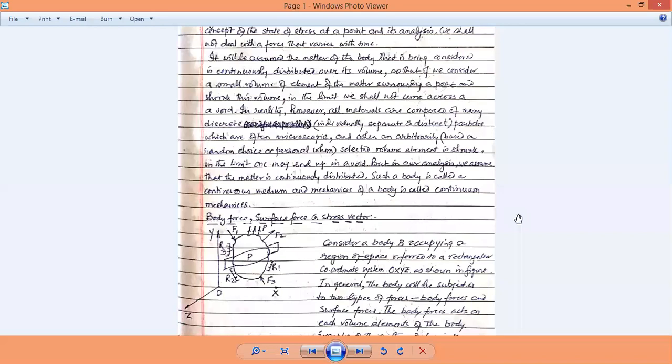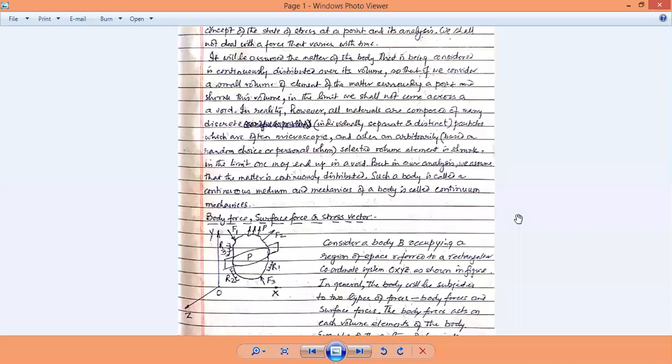And we think this stress is the resisting force per unit area of the cross section, and that this resistive force is equal everywhere in the cross section itself.